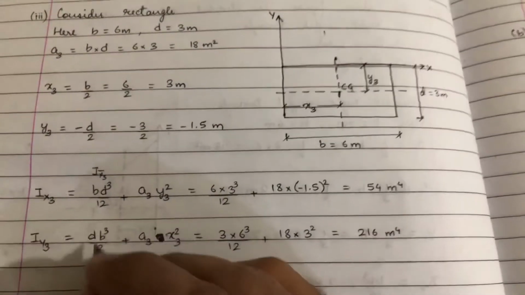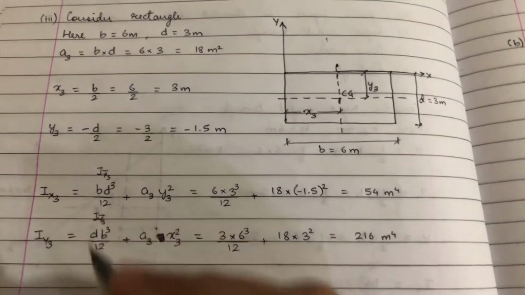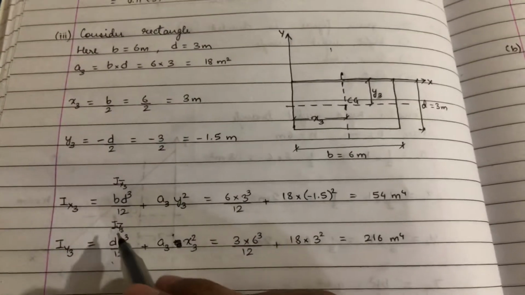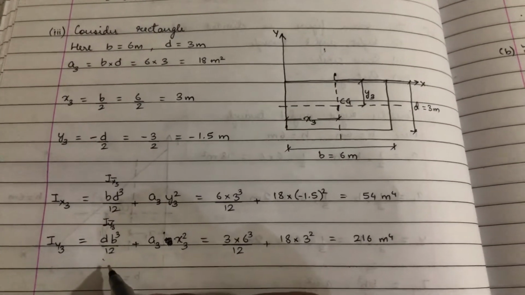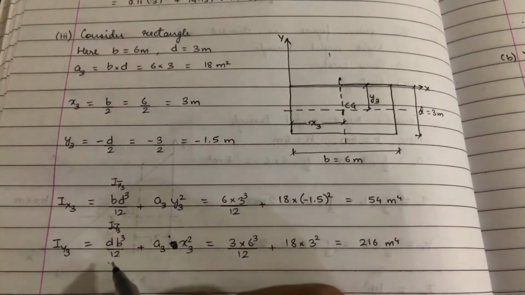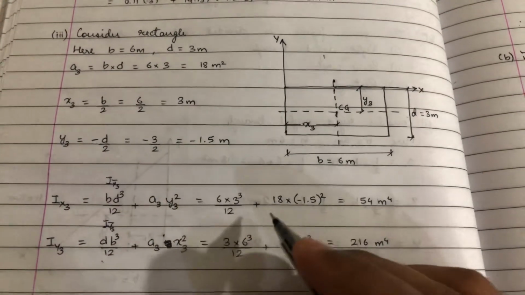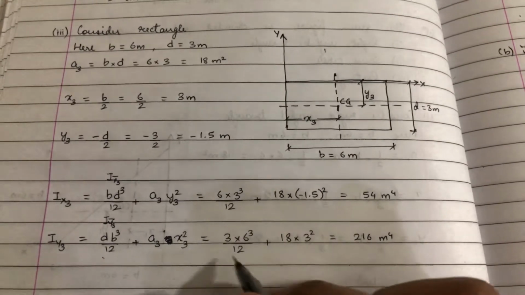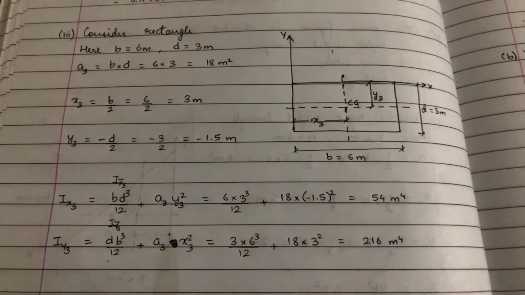And Iy3, this is Iy3 bar. Iy bar for a rectangular portion is db cube by 12. So db cube by 12 plus A3 x3 square. Substituting these values, you will get Iy3 as 216 meter to the power 4.